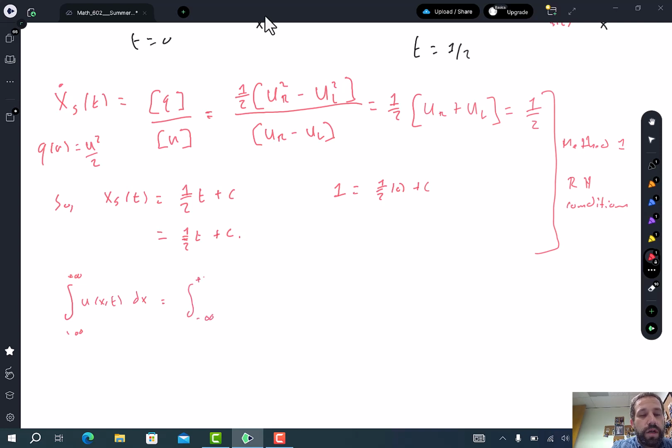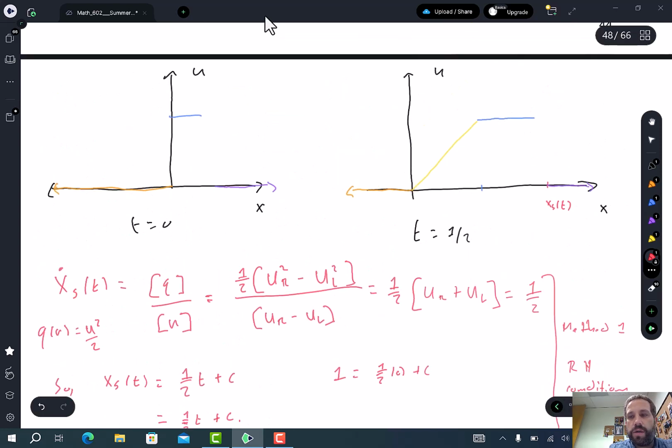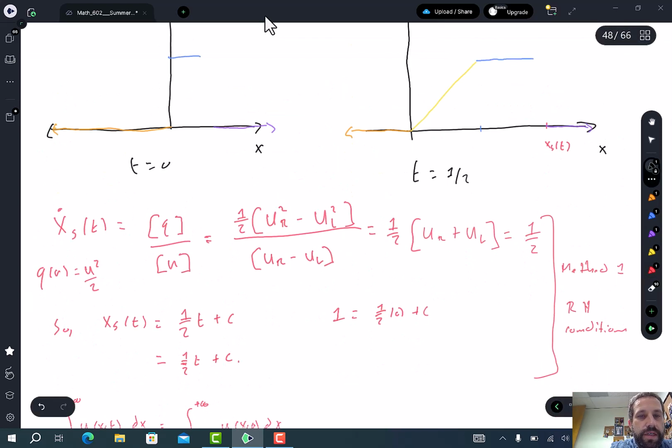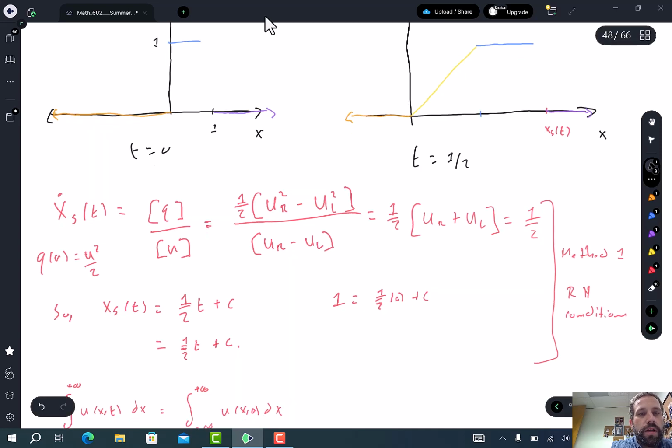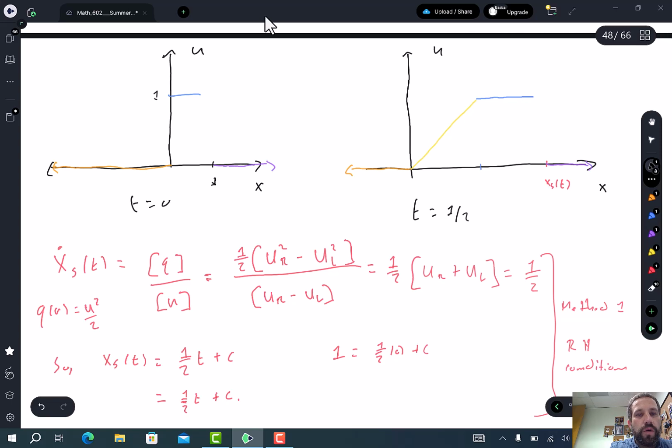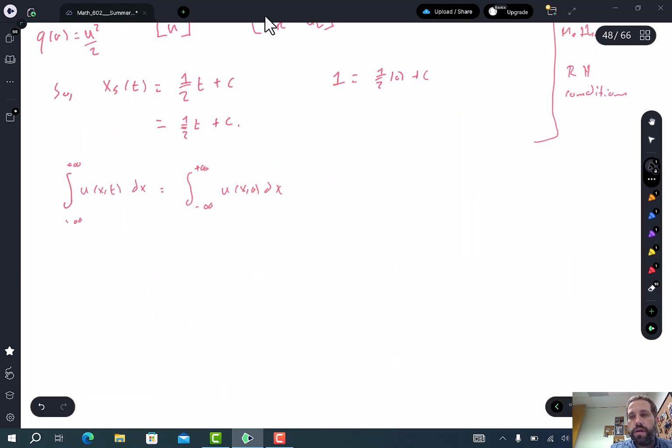So it's going to be equal to whatever it was at the beginning, the integral of u of x,0 dx. And if I come up here and look at what's going on when t is equal to 0, well, remember this endpoint right here is 1, and this height is 1. So the integral of this function is just going to be 1. It's the height of this rectangle here. So this is going to be equal to 1.